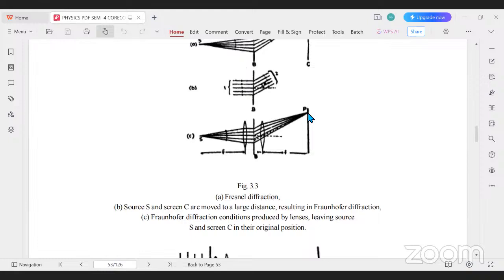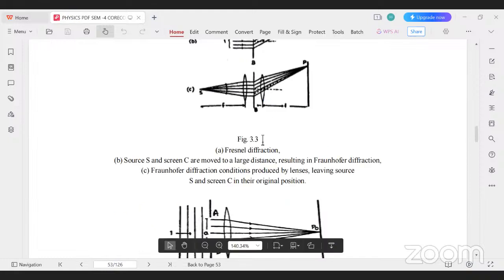With a different source, if the material is at a farther distance, how does the light travel, if it is near, far, or away? They are going to observe different diffractions under different conditions by replacing the lenses and moving from one place to another, leaving the source S and screen C in their original positions. So let us see further.